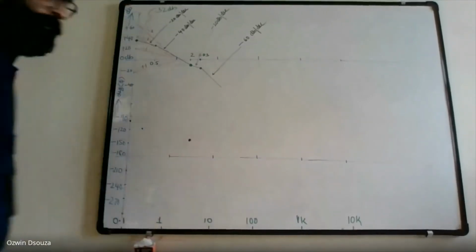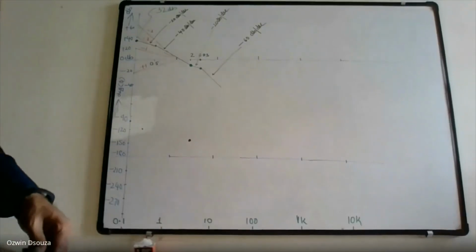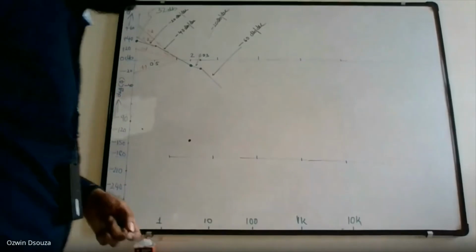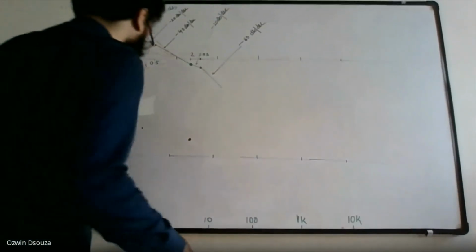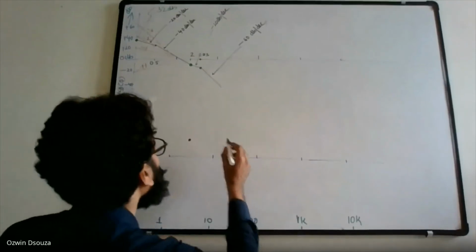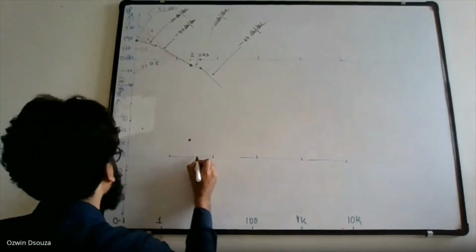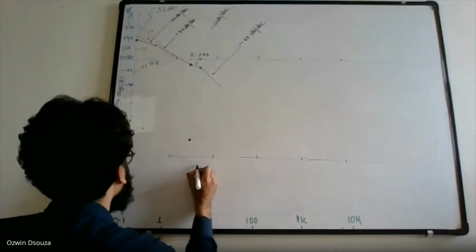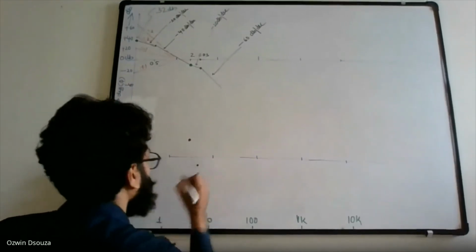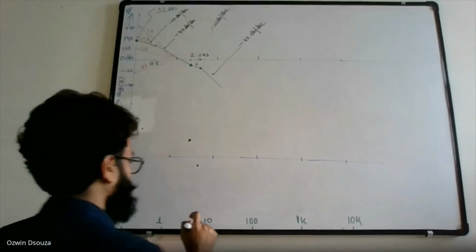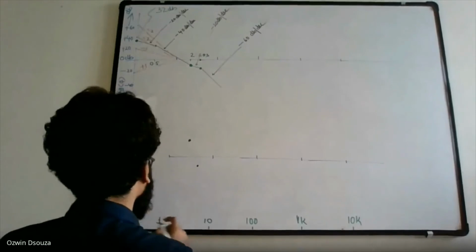Somewhere here. And then 2.83, it is around 207. Somewhere here. And then at 10, 260. Right at 10.